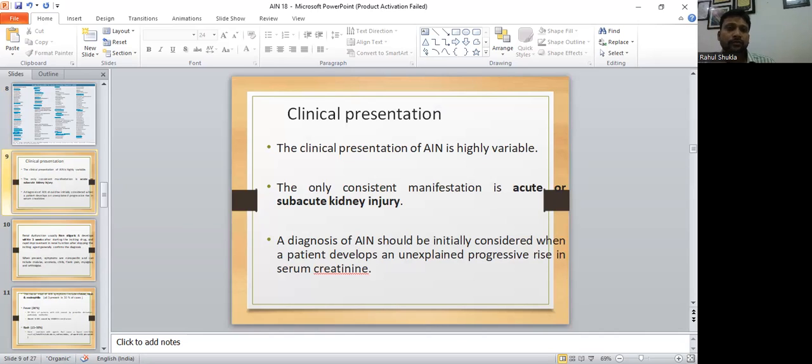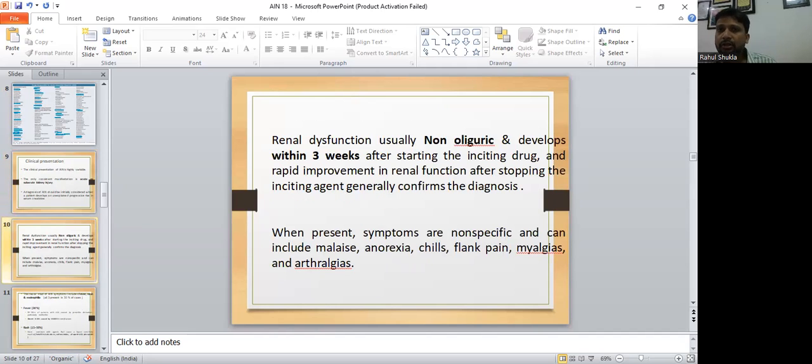So we should suspect the diagnosis of interstitial nephritis if somebody has developed a progressive rise of serum creatinine over a period of 1 to 2 weeks. It is usually non-oliguric, develops within 3 weeks after starting the inciting drug, and rapid improvement in renal function can be seen after stopping the inciting agent, which generally confirms the diagnosis.